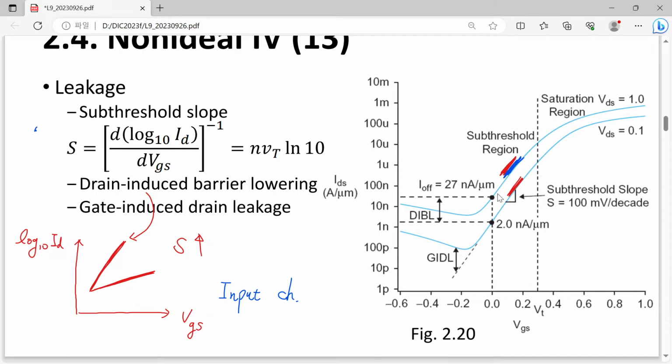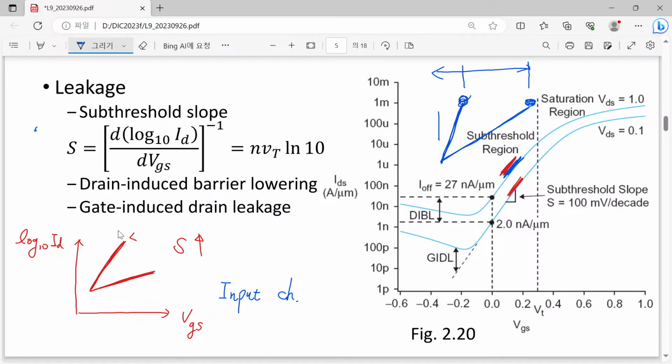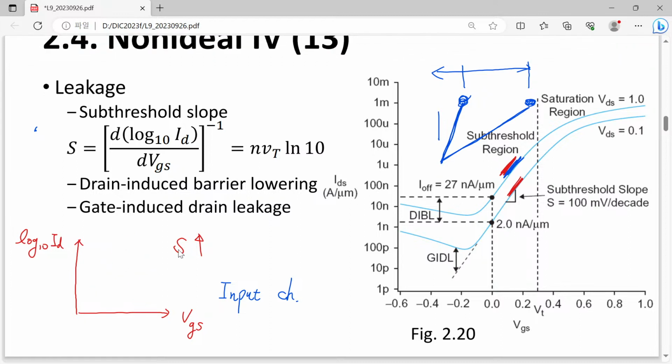So if we have a steep line here, then we can have a small difference. However, if we have a more degraded slope here, then we need a much wider voltage range to increase our current. So that's the reason why we wanted to minimize this subthreshold slope.